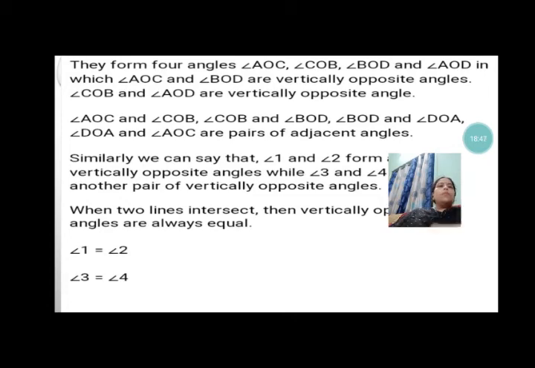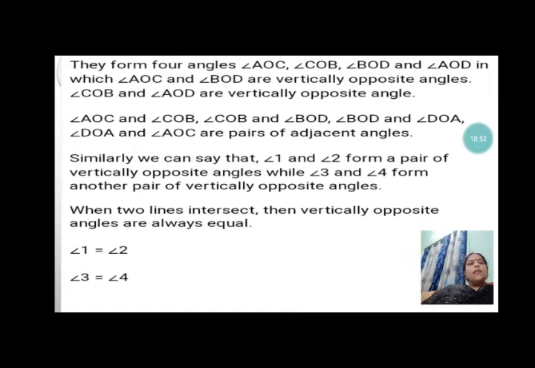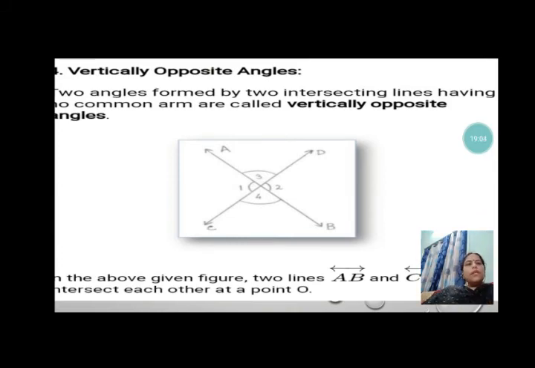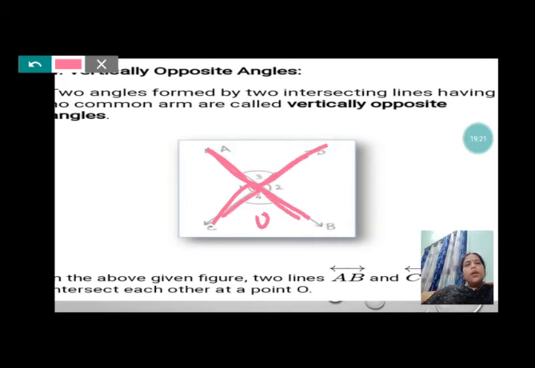Now, they form 4 angles: angle AOC, angle COB, angle BOD and angle AOD. Let us see again one time. Suppose in between is O. One angle is AOD, the other angle is COB, one angle is AOC, the other angle is DOB.